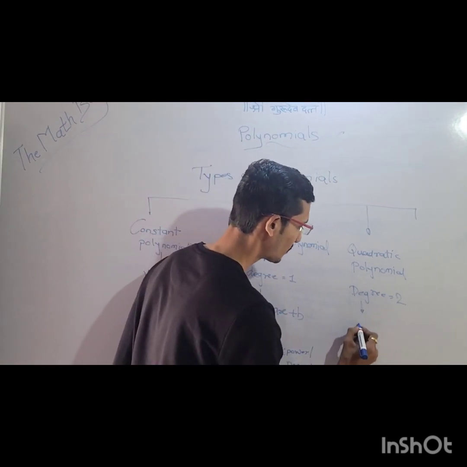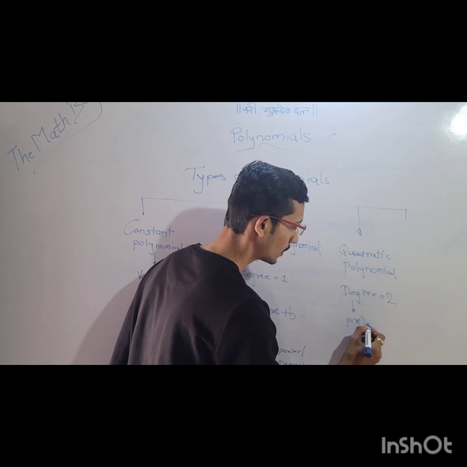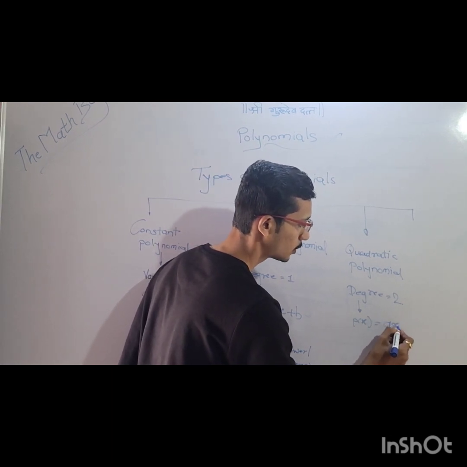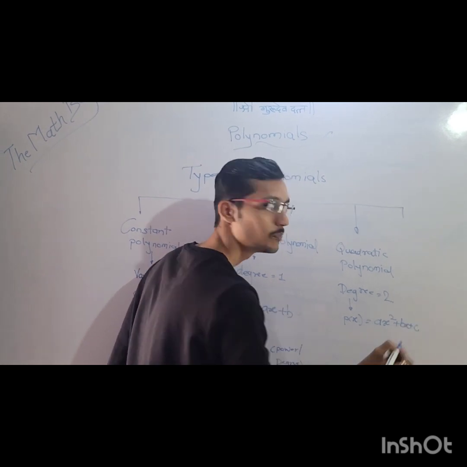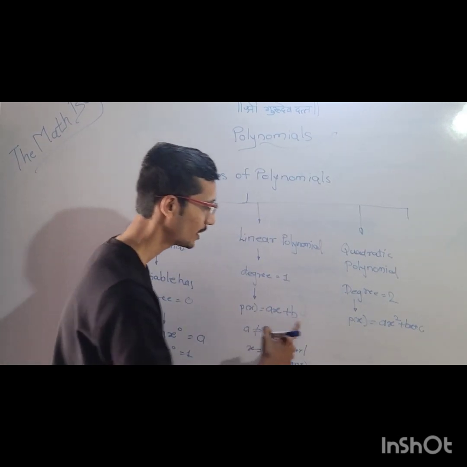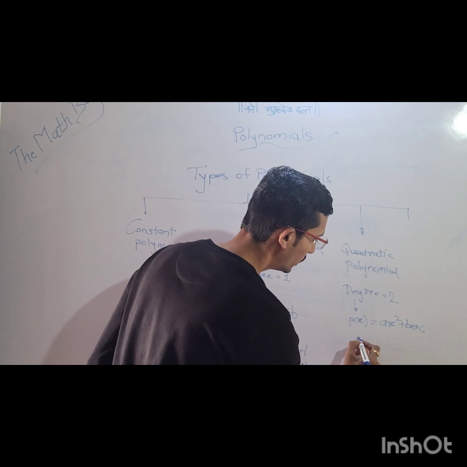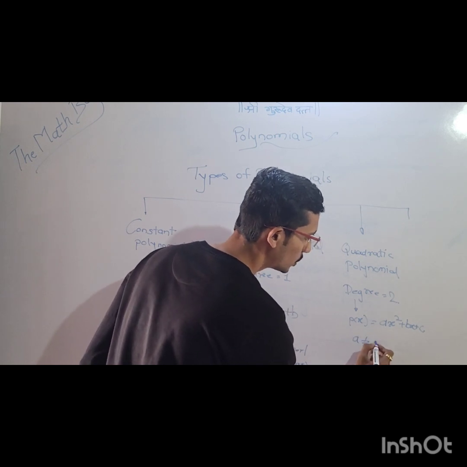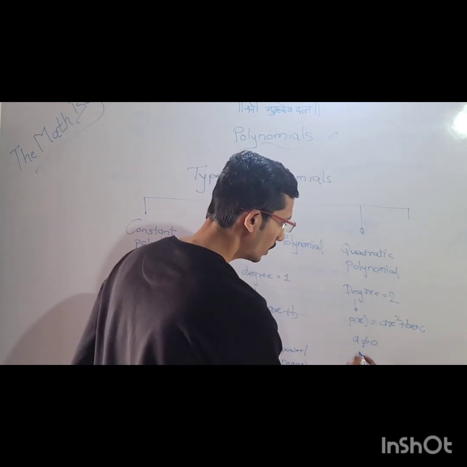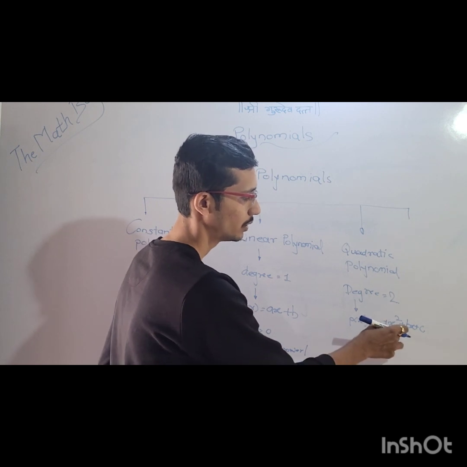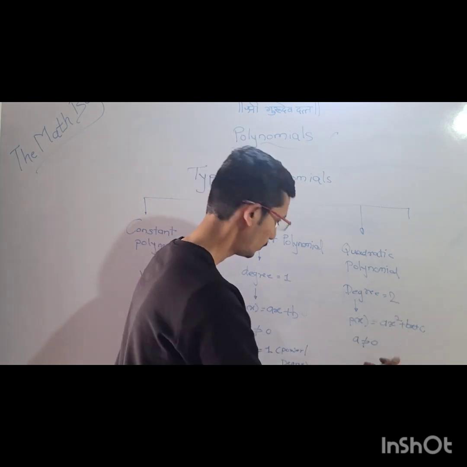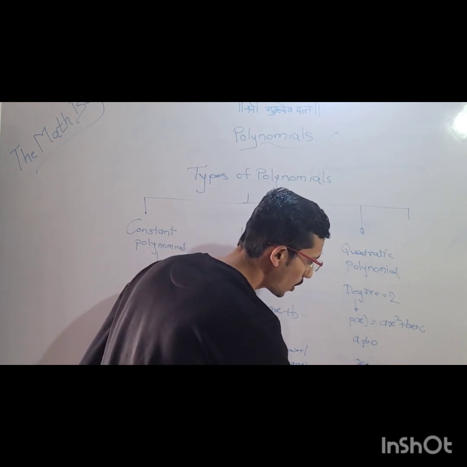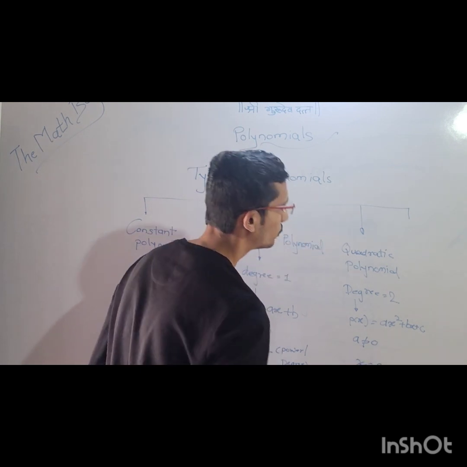So p of x equals ax square plus bx plus c. In this also a should not be equal to 0. That means when a equals 0, the first term will be 0, so here the polynomial has degree 1. So in this, the degree of the polynomial is equal to 2.